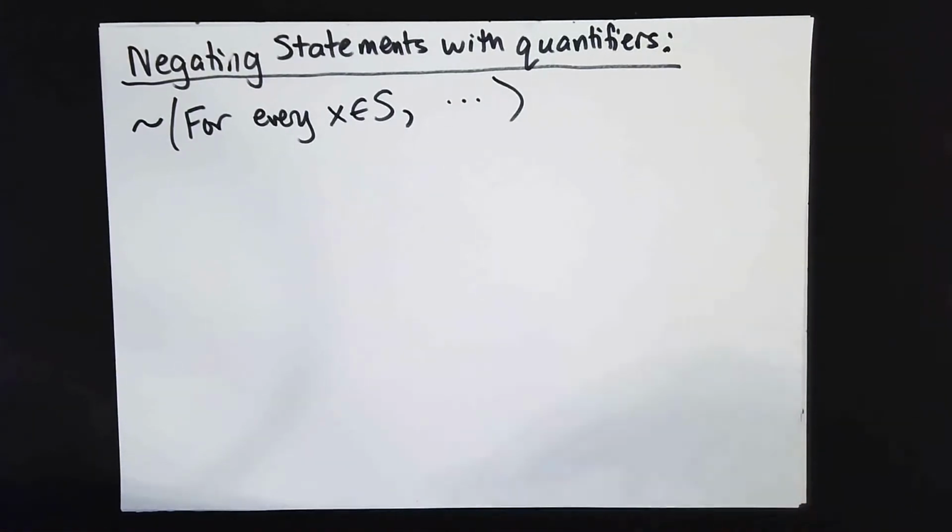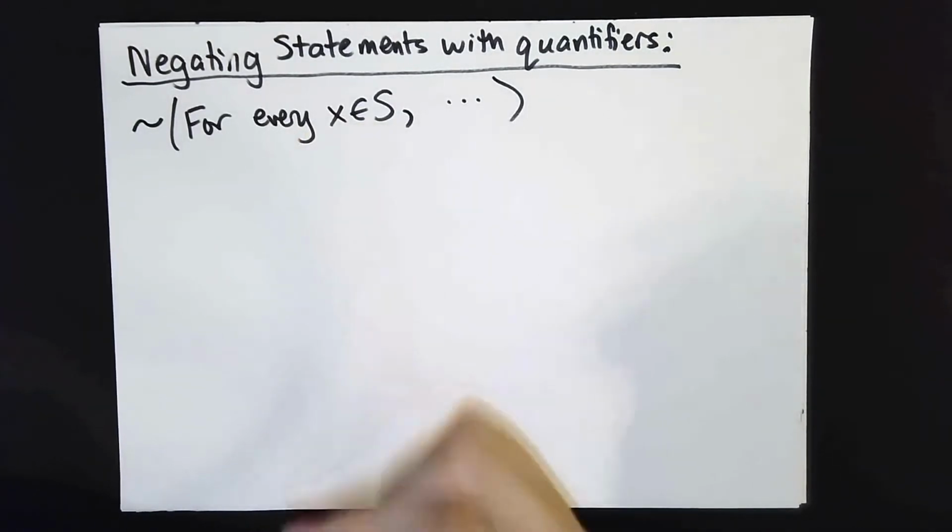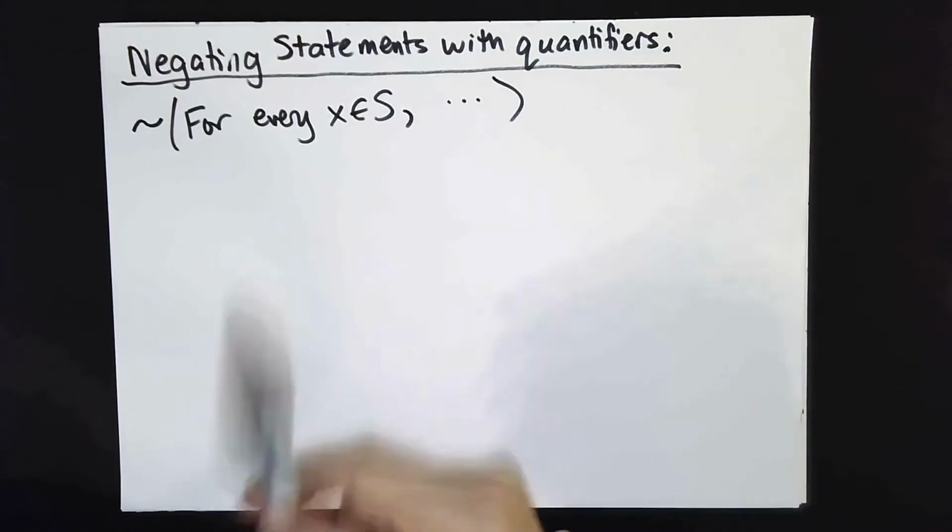And there's a strong temptation, again because opposite has all of these different meanings, to think that the negation is going to be that every single one of these things is false. But that's not the logical opposite of every single one of these things being true. The opposite is at least one of them is false.